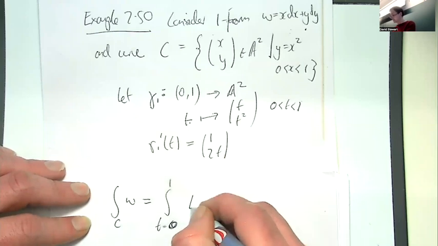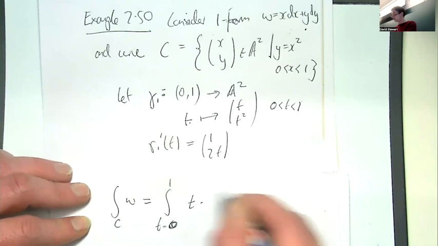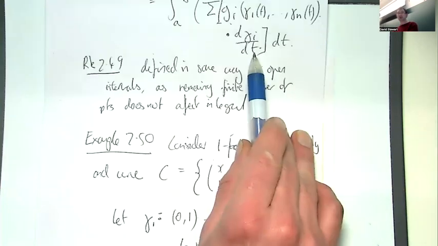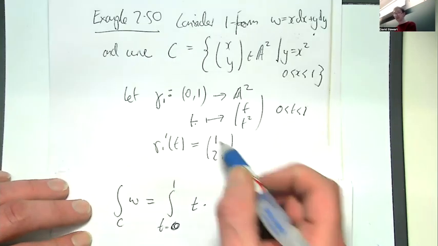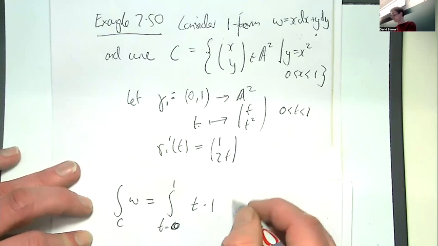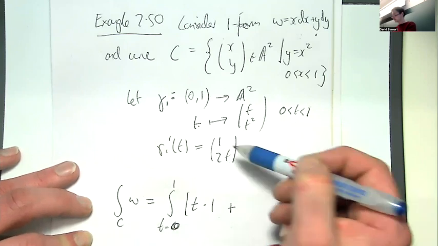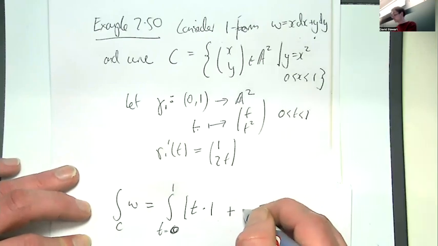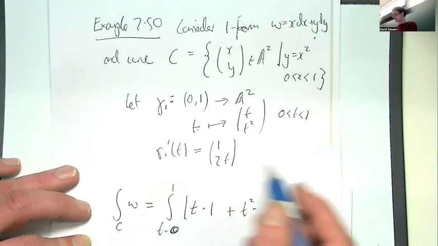So we get t times the derivative of gamma 1 of t along the x direction, which is here just 1, plus the other part, which is y. So G2 is y, which is t squared, times the derivative in the y direction, which is 2t.